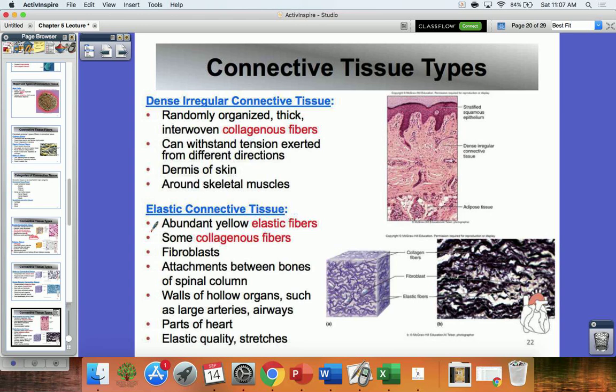And so we're going to find this in not those super stiff places, but it is going to have a bit of structure because of those collagen fibers that are there as well. So parts of the heart, this picture is showing the aorta, which is that main artery that leads from the heart. Also our airways, so it has this good stretch to it, but also is slightly strong as well.